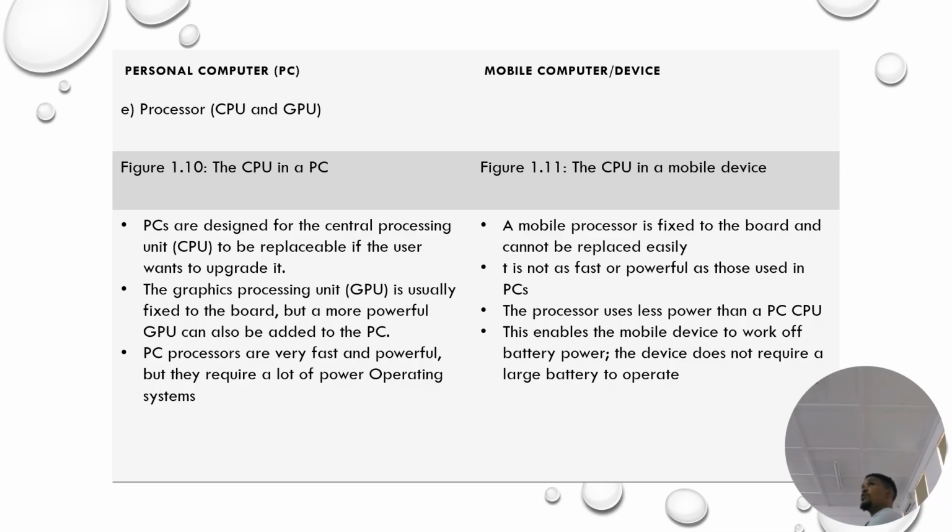Processor, which is your CPU. On your PC, the central processing unit is replaceable if the user wants to upgrade it. The graphics processing unit is usually fixed to the board, but a more powerful GPU can also be added. This is basically for your gaming. Personal computer processors are very fast and powerful, but they require a lot of power and an operating system.